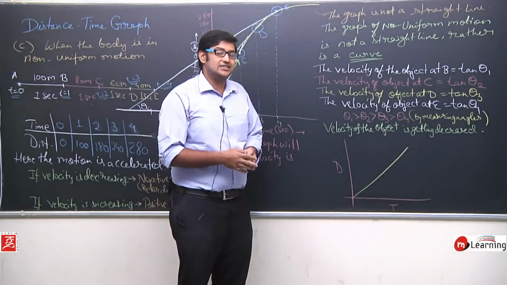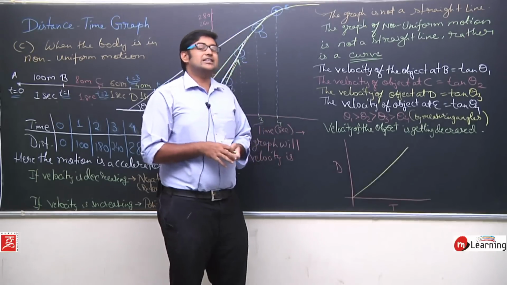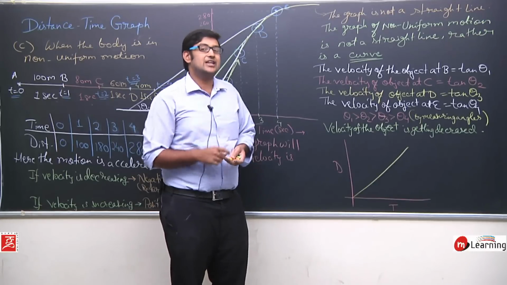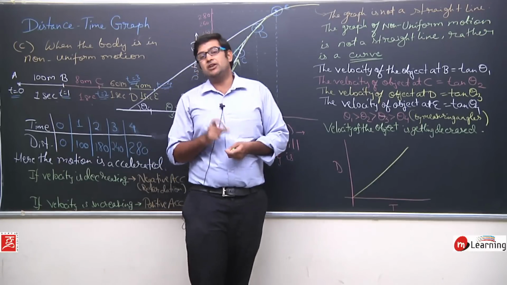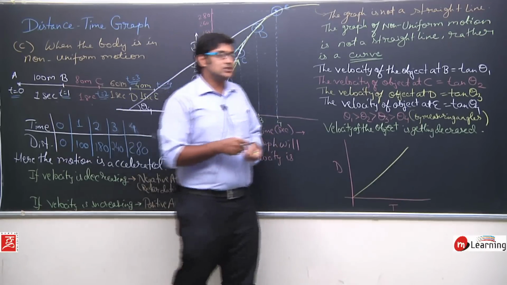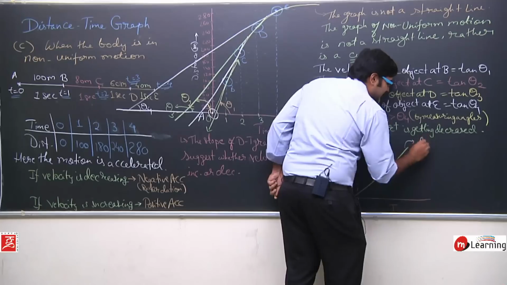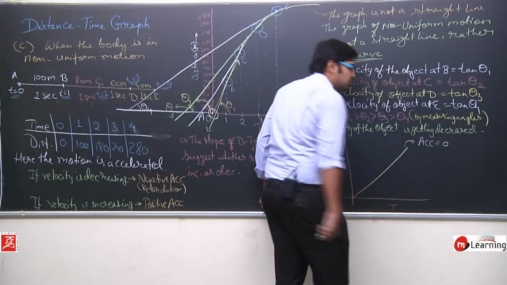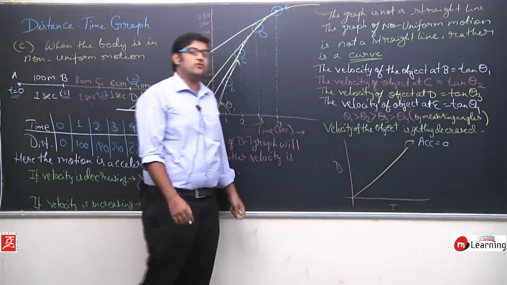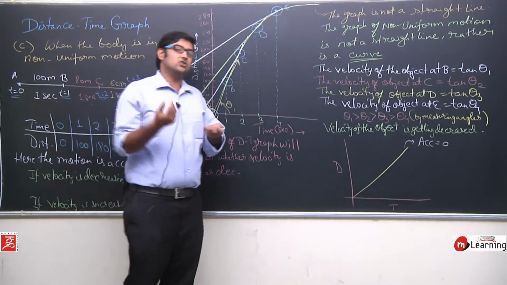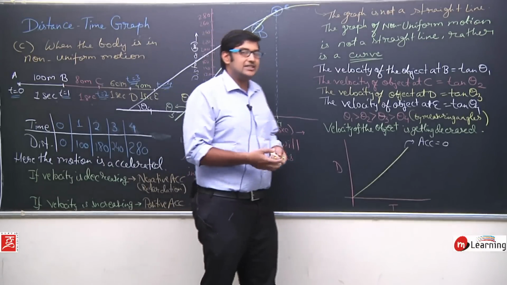When is acceleration 0? When the velocity is constant, that is, the object is traveling equal distances in equal intervals of time, that is uniform motion. So we say acceleration is equal to 0, that is, the object is traveling at uniform motion. There is no acceleration, no change in velocity, no change in direction.